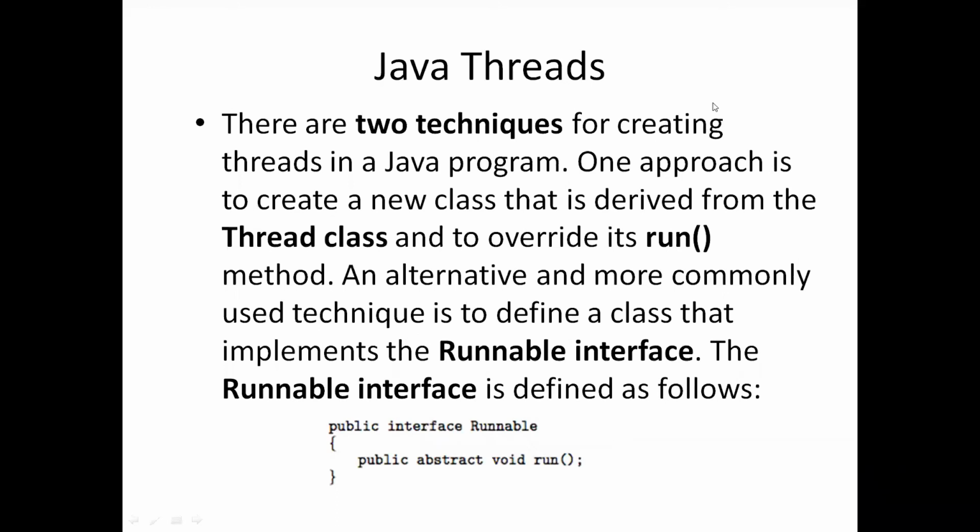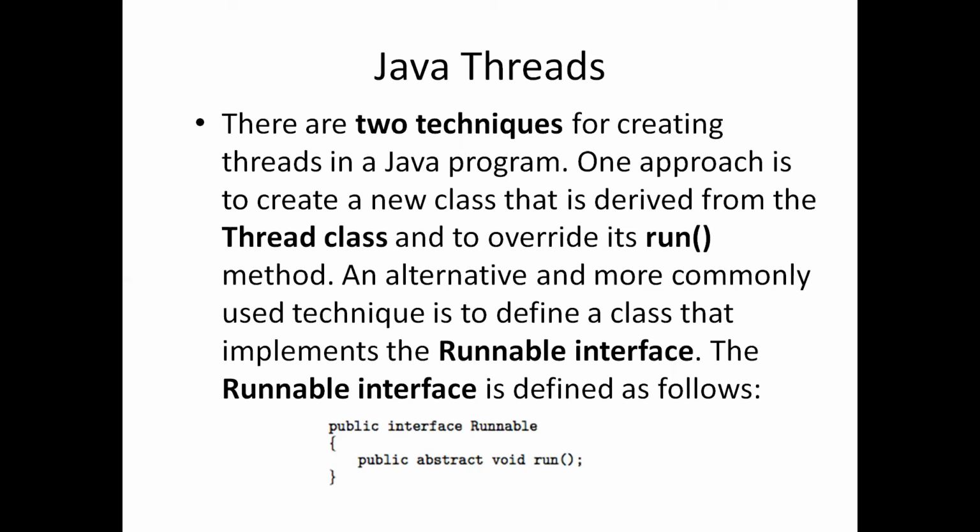And there are two techniques for creating threads in a Java program. In Java we create threads by using two techniques. The first one is we create a new class that is derived from the Thread class.